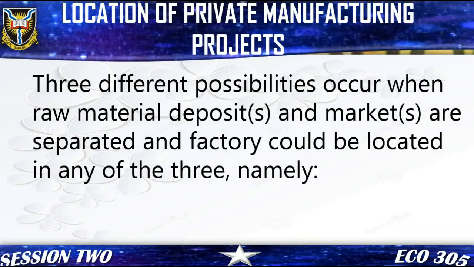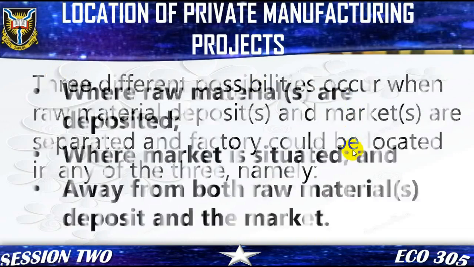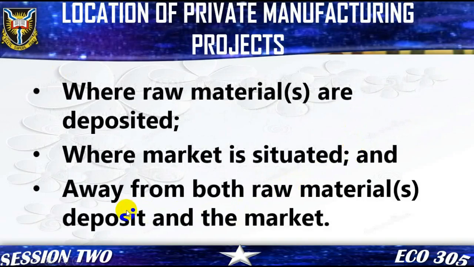Three different possibilities occur when raw materials deposits and markets are separated, and the factory could be located in any of the three, namely A, where raw materials are deposited, B, where the market is situated, and C, away from both the raw materials deposit and the market.